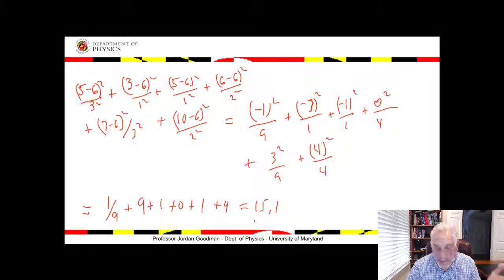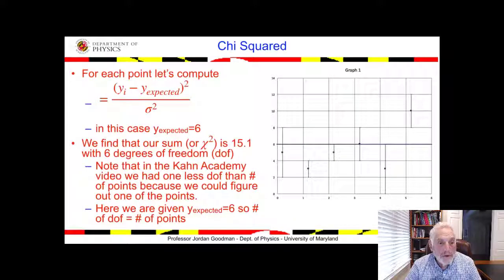What does that tell us? Well, you have to ask the question, first off, how many degrees of freedom do we have? Each of these individual points is a test of whether our theory has a value 6. We could have made one measurement and asked, does it agree with 6?